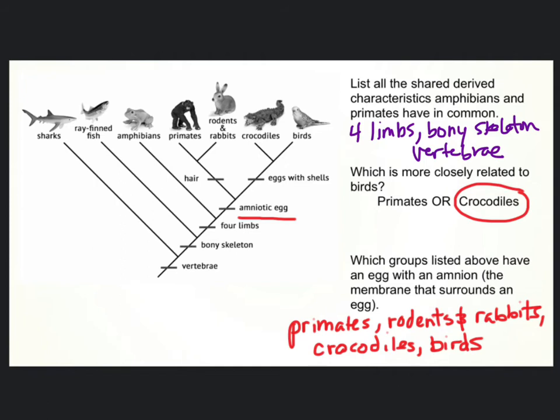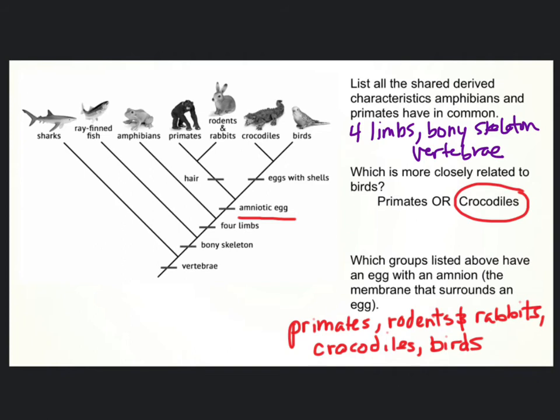You agree? Okay. Somebody in the other class said, and this is so fantastic, I should have paid somebody $0.25 to say it: but wait a minute, aren't rodents a mammal? Mammals don't lay eggs, right? So, how do primates and rodents have an amniotic egg?